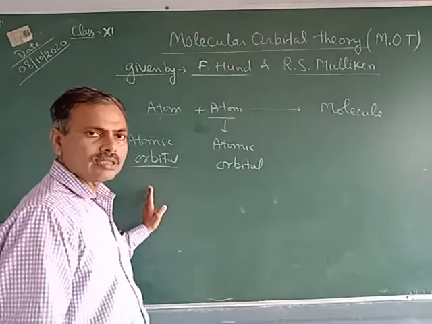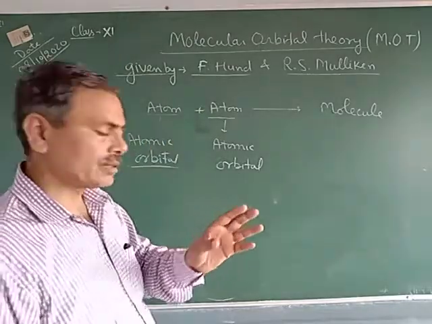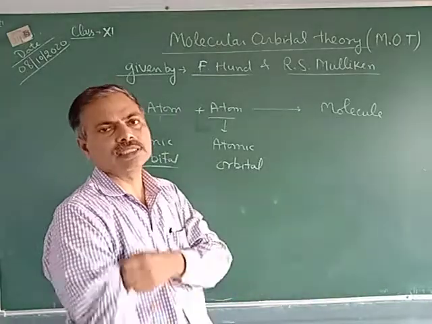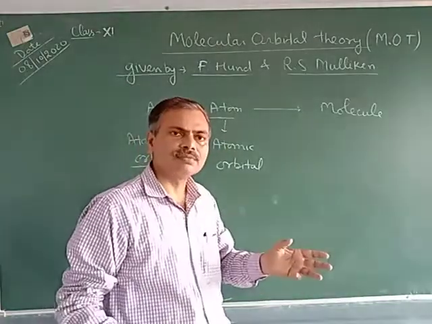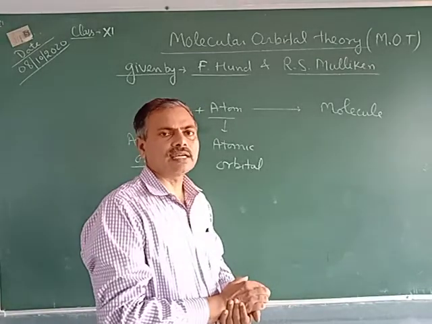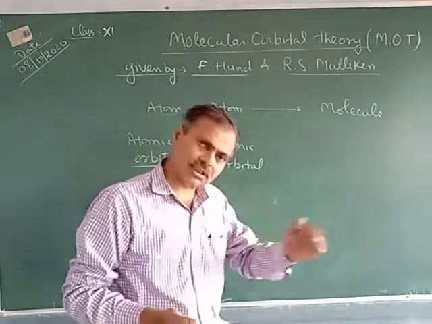Atoms have atomic orbitals, and the atomic orbitals are s, p, d, f. These are the atomic orbitals: px, py, pz. And atomic orbitals have a distribution of electrons.